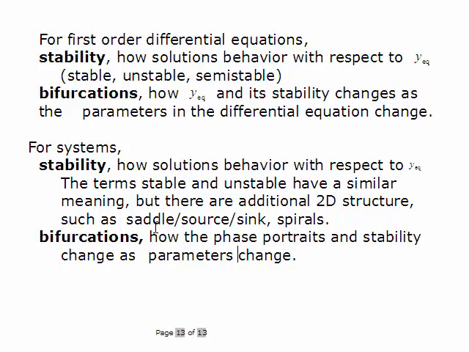And for bifurcations, it's the change in the phase portraits. So it's not just a value of the equilibrium that's changing, or its stability, it's the whole phase portrait that changes as a parameter changes. Okay, so I just wanted to point this out. I think the most important thing to remember is that when we get to the direction field, we're working in the xy plane, not in the ty plane.